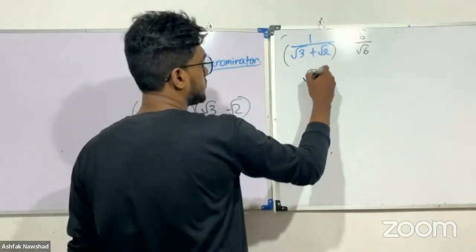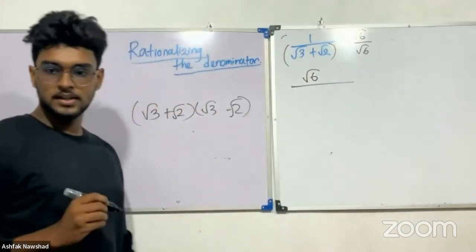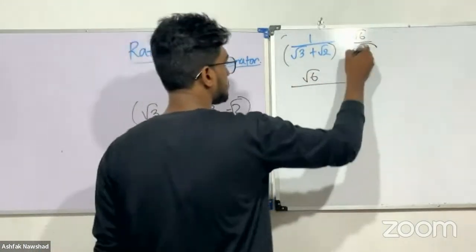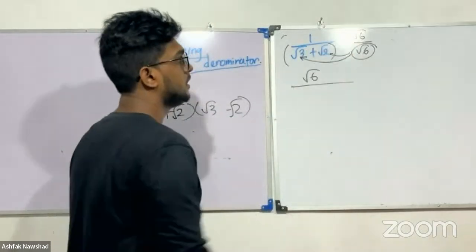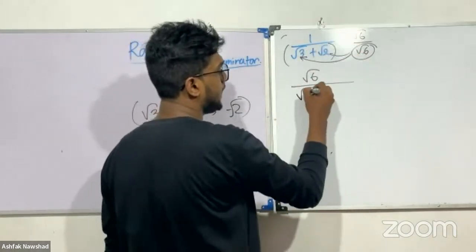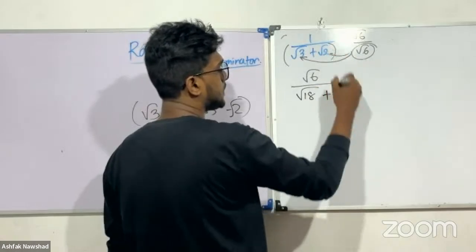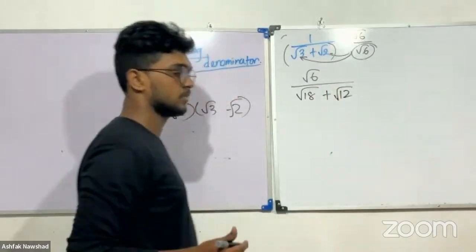1 times root 6 is root 6. Now, with this root 6, I have to multiply both the numbers. Now, this is the binomial. Root 3 times root 6 is root 18. Root 2 times root 6 is root 12.